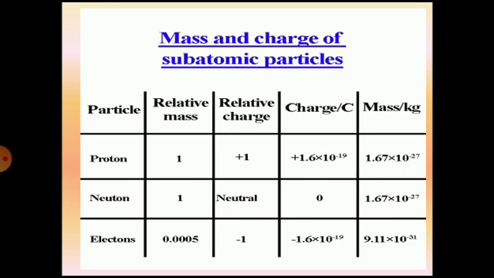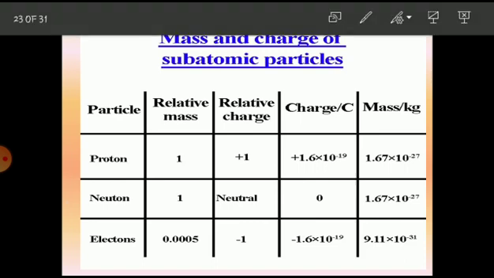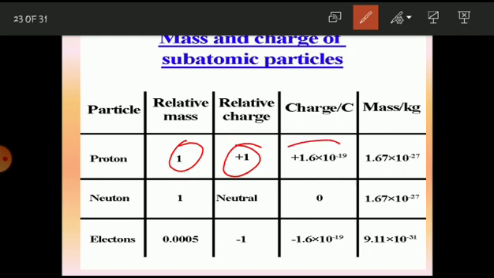So in first column we are having the three subatomic particles. The first one is a proton whose relative mass is 1, relative charge is plus 1, charge per coulomb is plus 1.6 into 10 raised to minus 19, and mass per kg is 1.6 into 10 raised to minus 27.